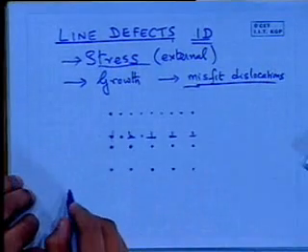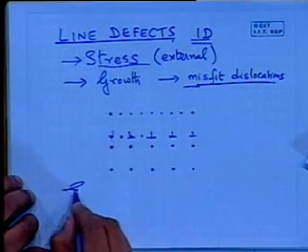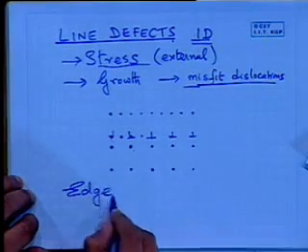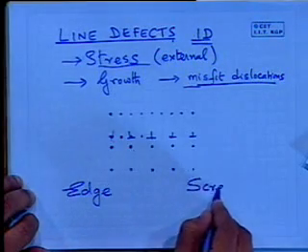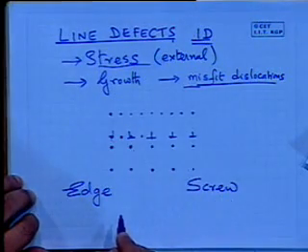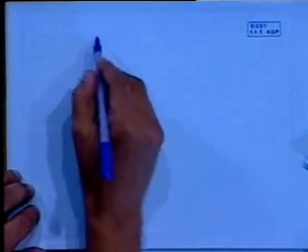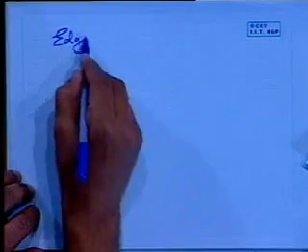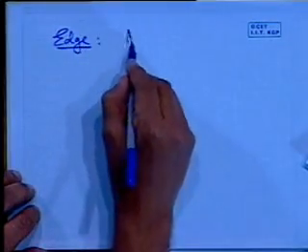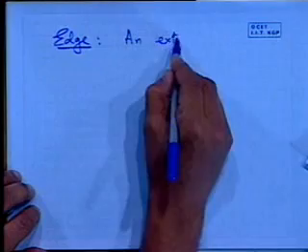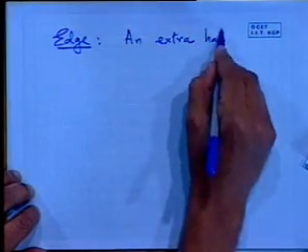There are two types of dislocations we can take up. Again, this is familiar territory: edge and screw dislocations. In the case of edge dislocations, it is best understood perhaps as an extra half plane of atoms or a missing half plane.